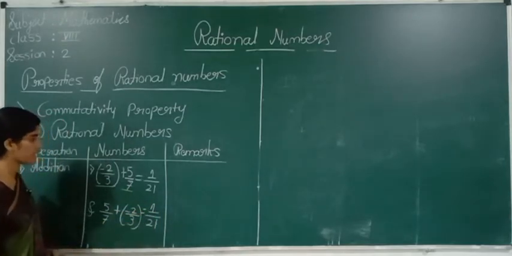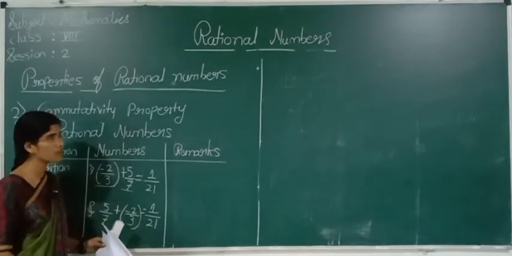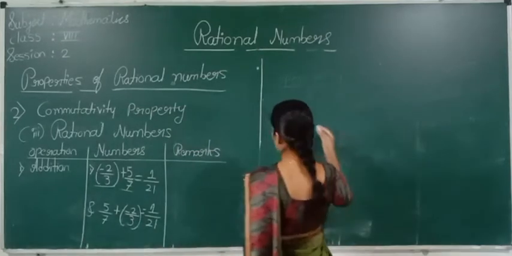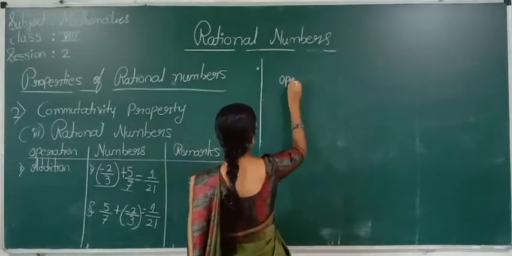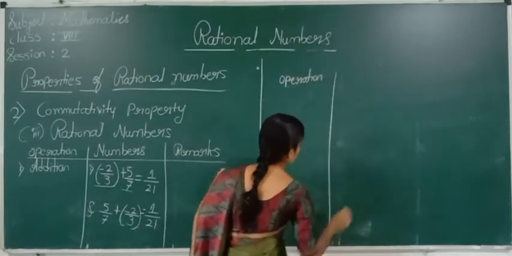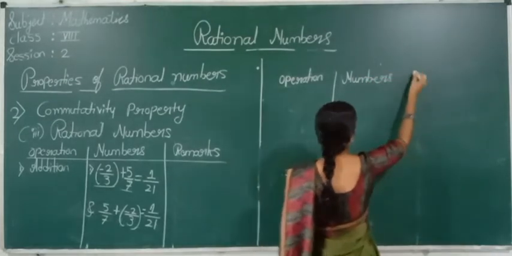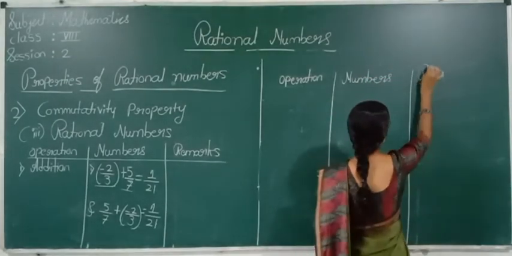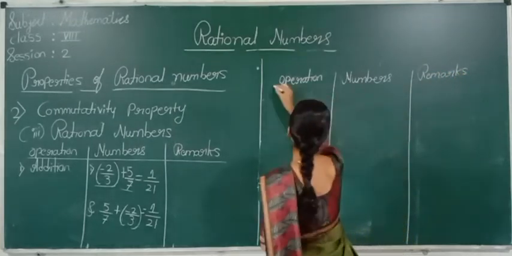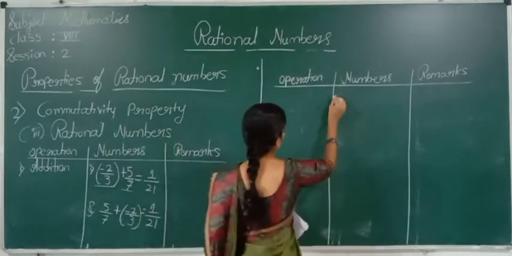What we can tell is addition is commutative for rational numbers. So we will consider one more example for addition.